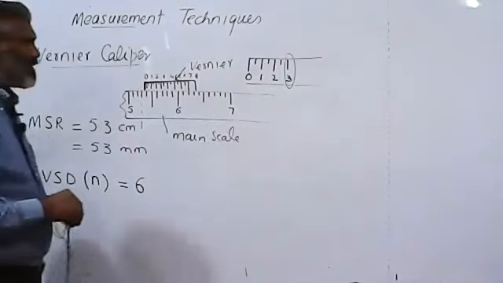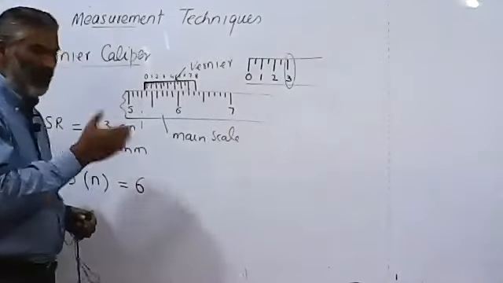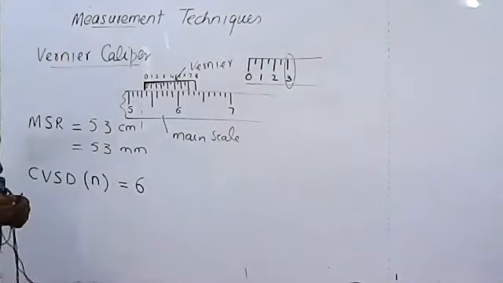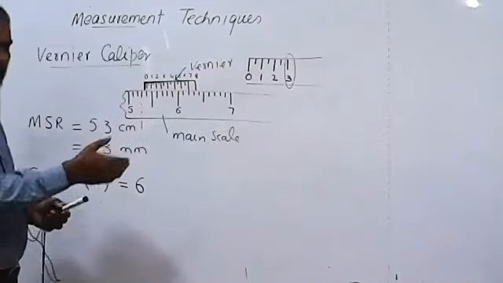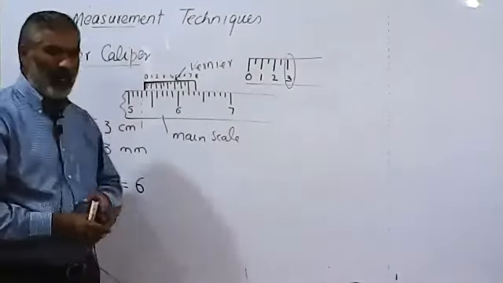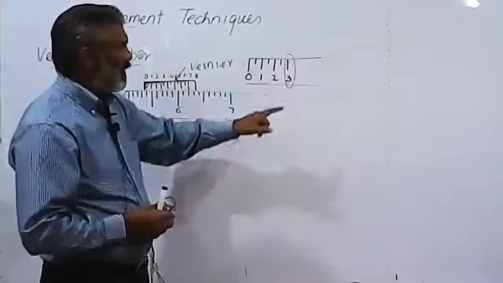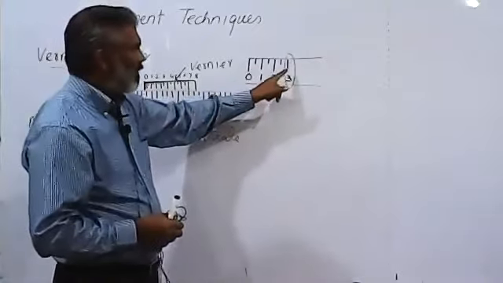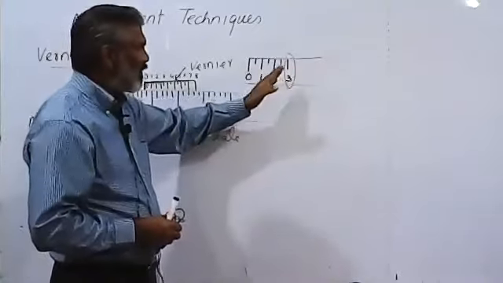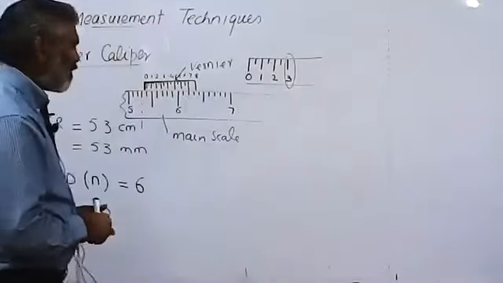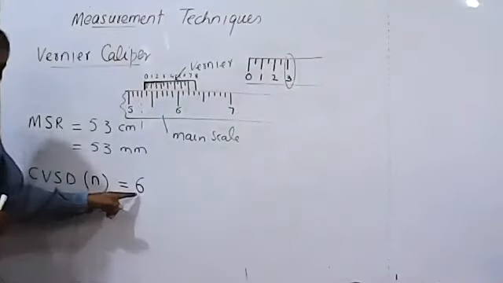What if it is a line in between the two numbered divisions? Then it will be the next one, of course. If instead of this third one, it is the line between 3 and 4, that will be read as 7th division.